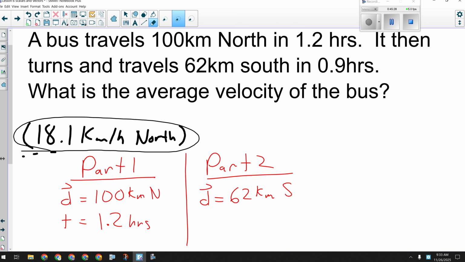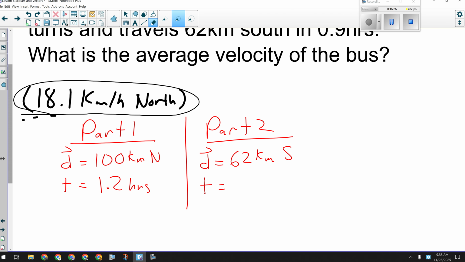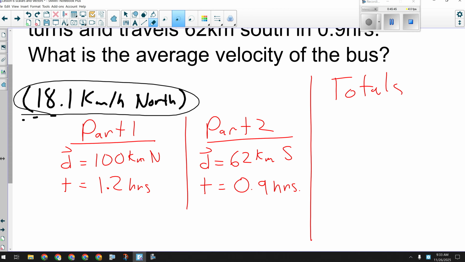So did I get another time? Yeah, okay. So it wants to know the average velocity of the bus.